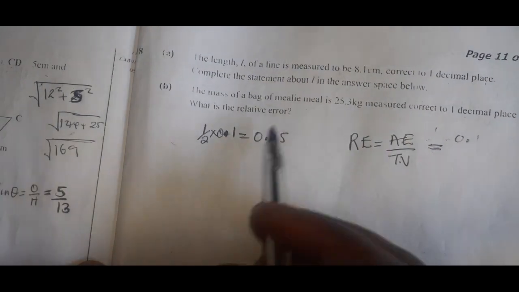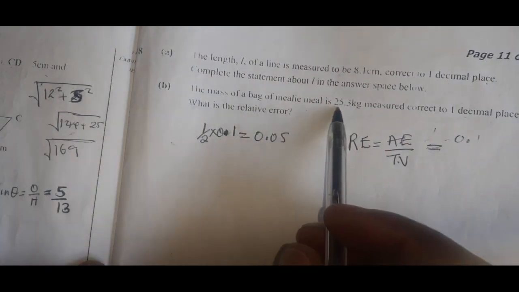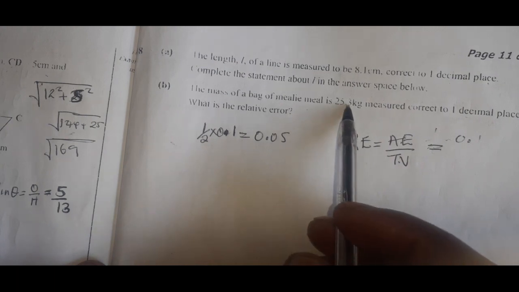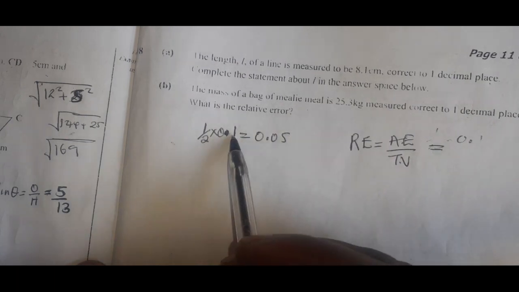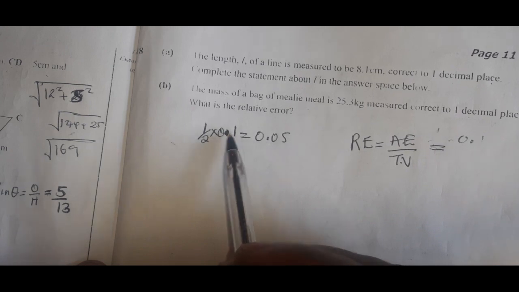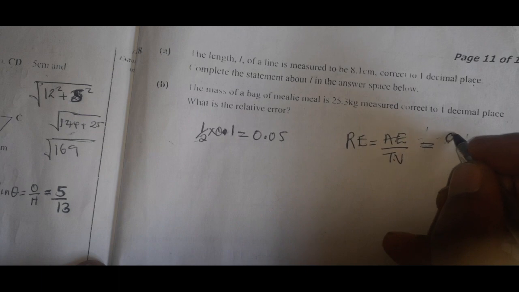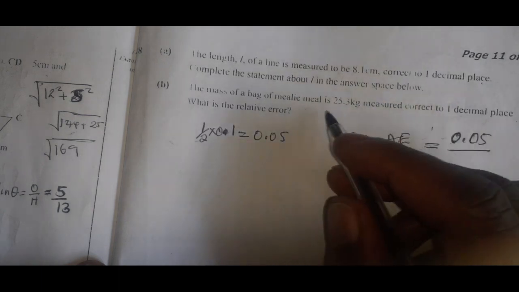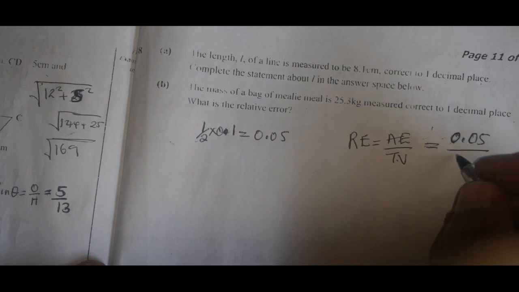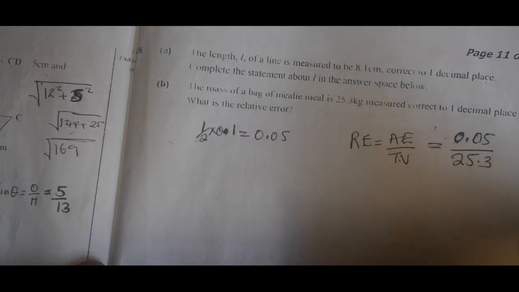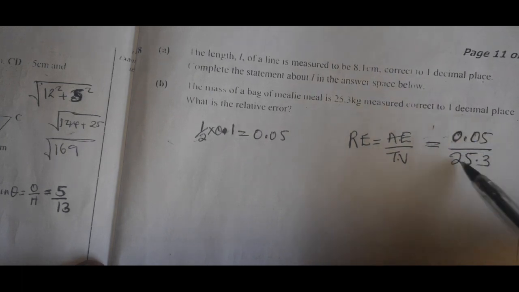Absolute error again is half multiplied by the least unit; we have only 1 decimal place here, so it is the same, 0.05, over the true value, which is 25.3.